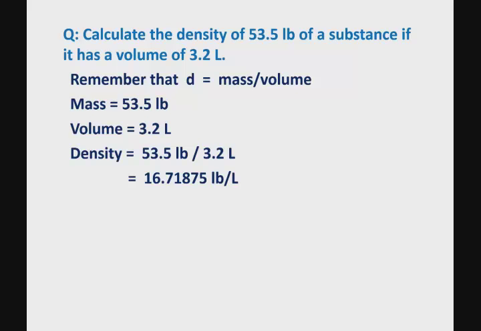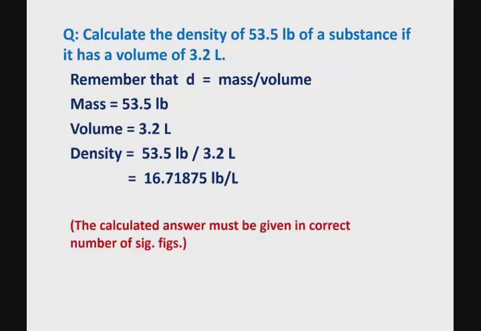However, we are not done yet because both mass and volume are measurements. If you are going to do any calculations involving measurements, we have to account for significant figures in the final answer. In this case, the final answer should be in two significant figures because of 3.2 liters, and therefore the density gets rounded to 17 pounds per liter.